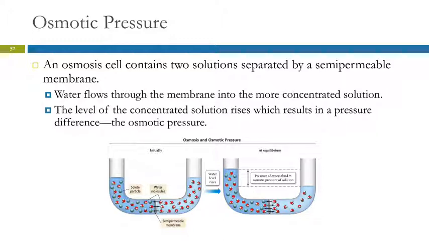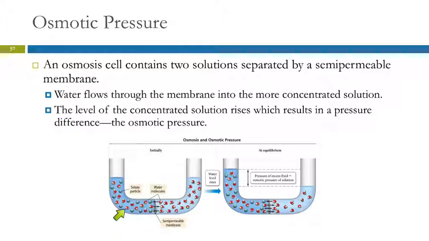We can also look at this in terms of an equilibrium. Sorry, my pointer's acting up again. There we go. So this membrane, water molecules can go through. If it was pure water on both sides, they would be flowing in both directions at the same rate.